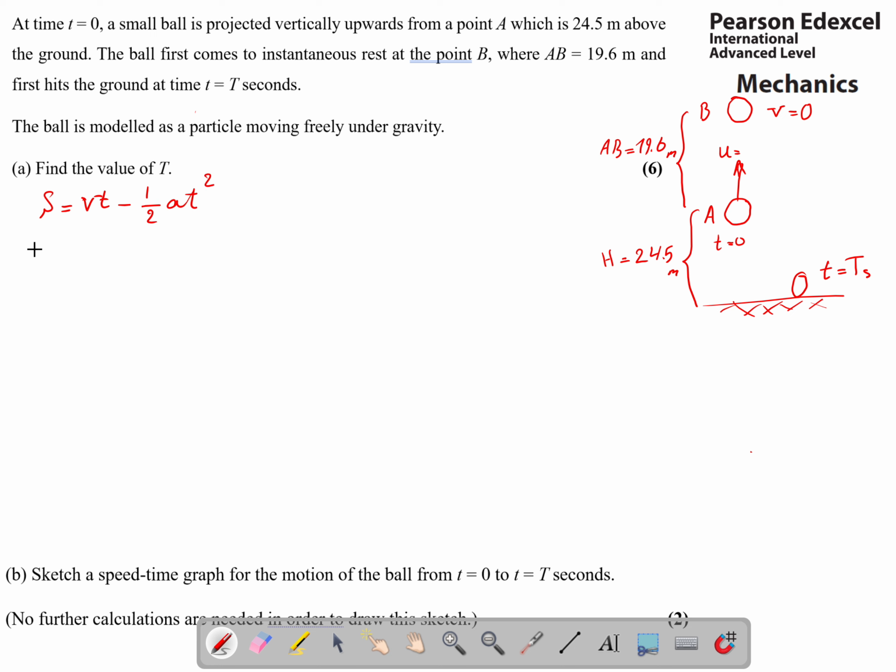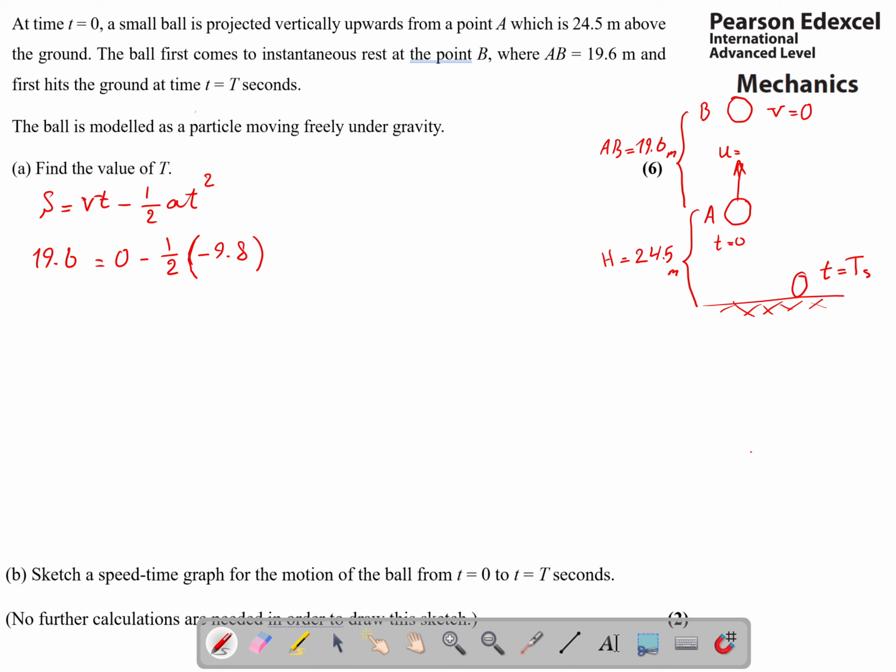So we have displacement 19.6 equals final velocity, which is 0 because at the maximum point we reach rest, minus 1 over 2, a is minus 9.8, because velocity is decreasing, our acceleration is negative.